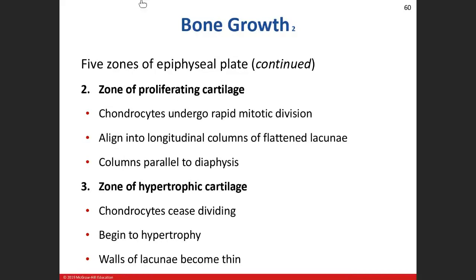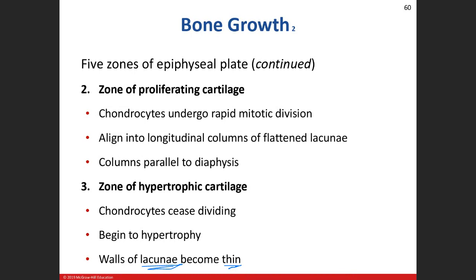Here's an interesting fact though: the lacuna start to thin out, and that's going to be important here, because we want to convert this cartilage tissue into bone. That's our end game here.